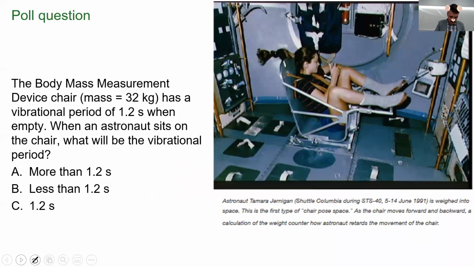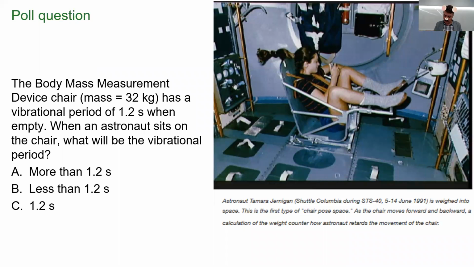Let's actually do a poll. The body mass measurement device chair, which has a mass of 32 kilograms, has a vibrational period of 1.2 seconds when it's empty.